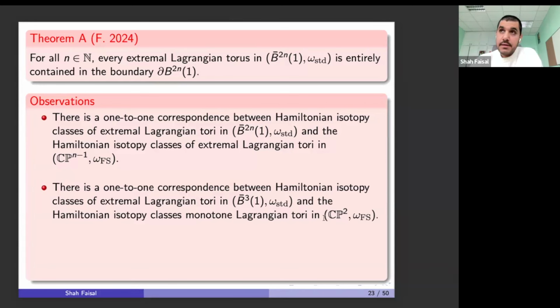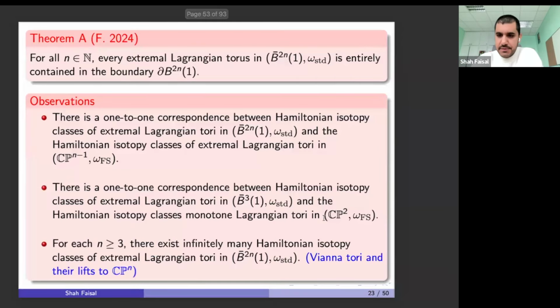Now, there are infinitely many Hamiltonian isotopic classes of monotone tori in CP2, the Vianna tori, and so if you lift them to the ball, it creates infinitely many Hamiltonian isotopic classes of extremal tori in the ball. So in particular, the uniqueness theorem of Russell doesn't hold if you choose the ball to be of dimension at least 6.